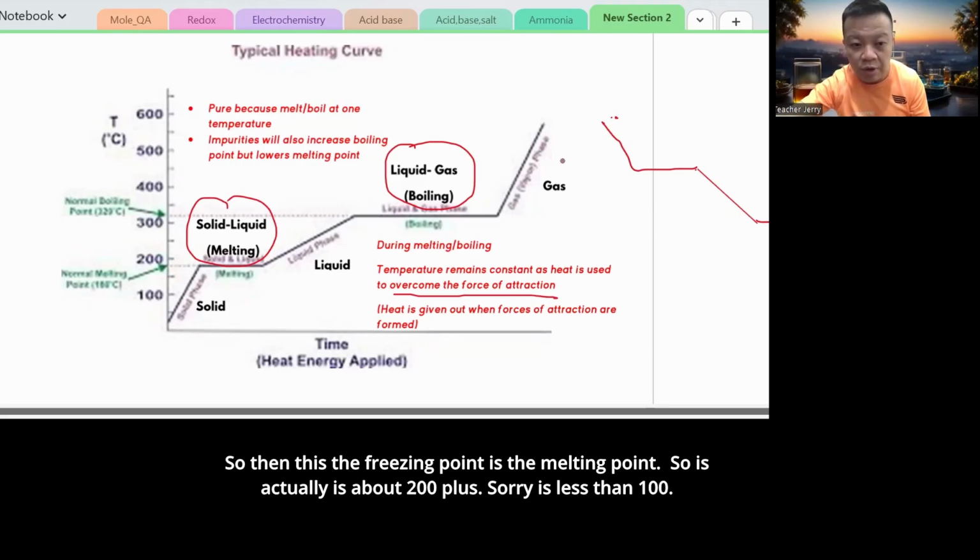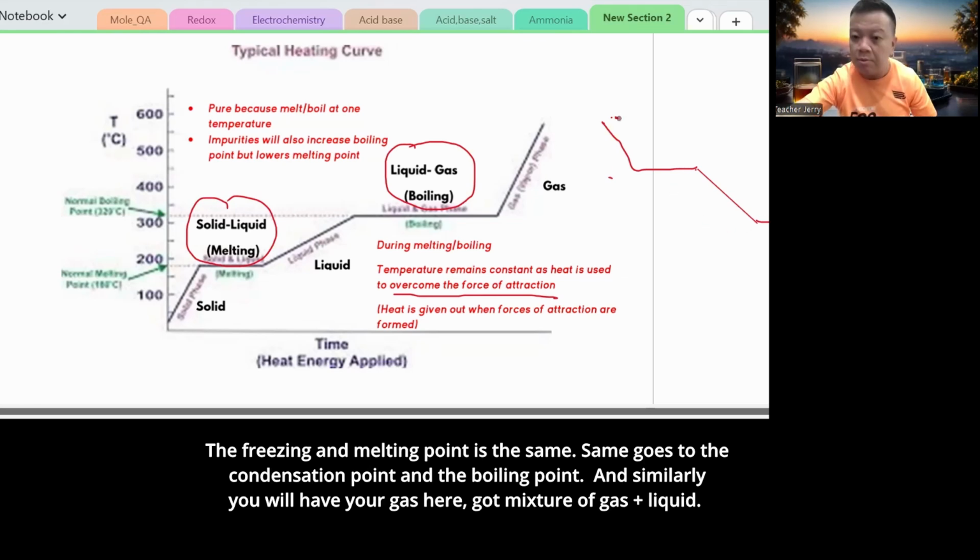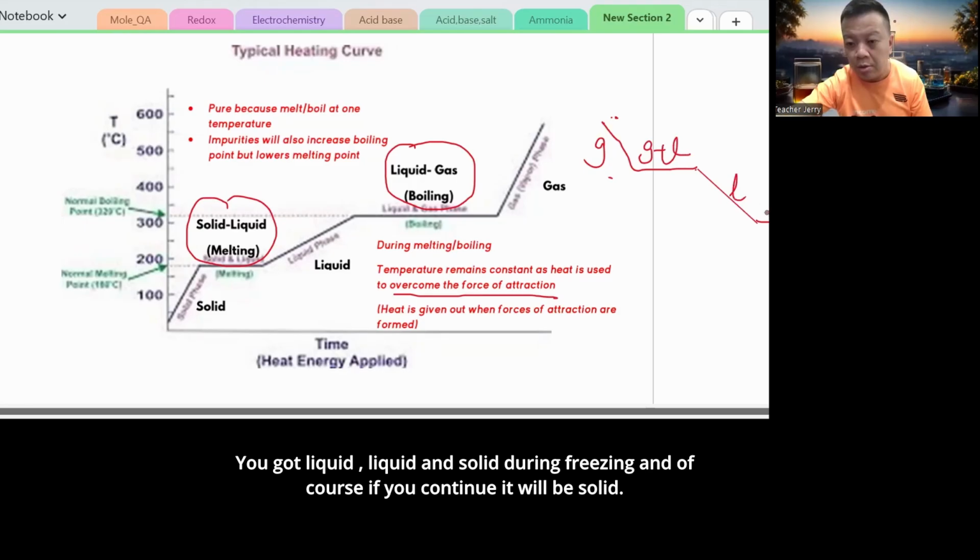So the freezing point is the same as the melting point. The freezing point and the melting point are the same. Same goes for the condensation point and the boiling point. And similarly, you have a gas here. You have a mixture of gas plus liquid. You have liquid. You have liquid and solid during freezing. And then, of course, if you continue, you will be solid.